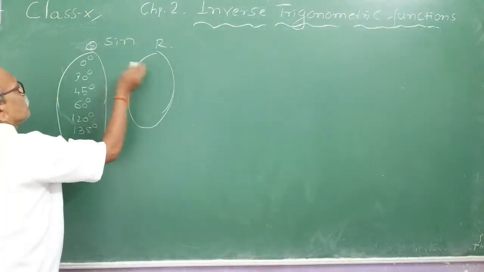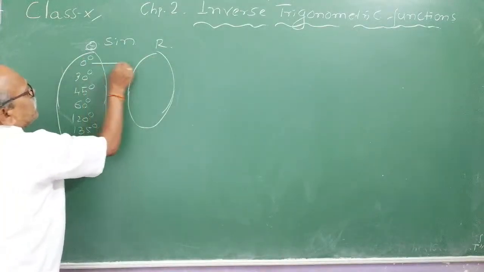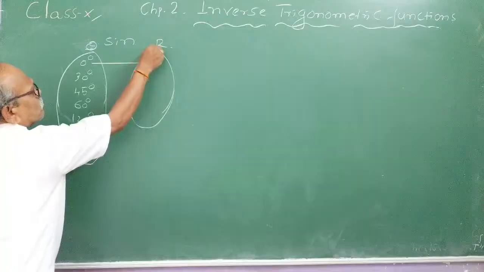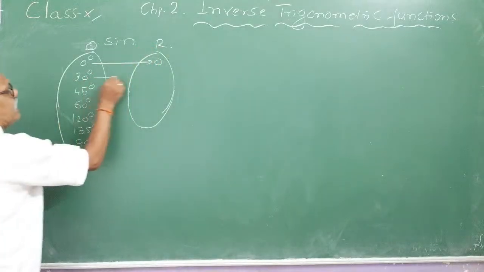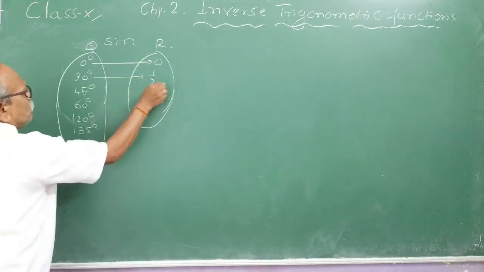And sine 0 degree, you know that the value is 0. Definite value. Sine 30 degree is 1 by 2.